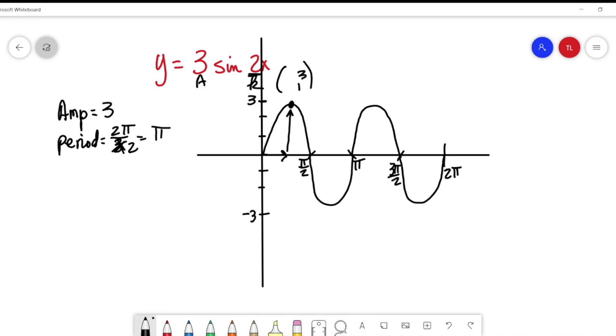Pi over 4. Like I said, people have a little struggle with some of those fractions. All right, now where is this peak, I mean valley? Well, it is -3, but how far out did you go to here? What is that? 3 pi over 4.